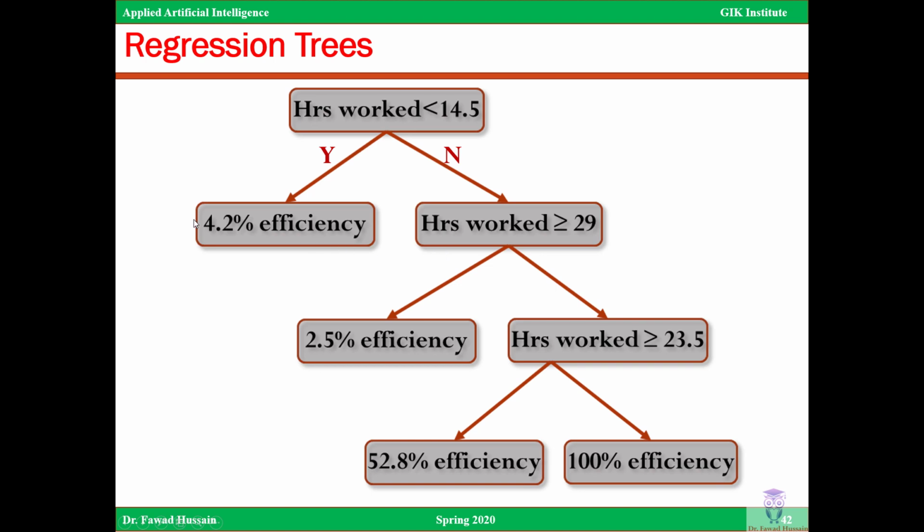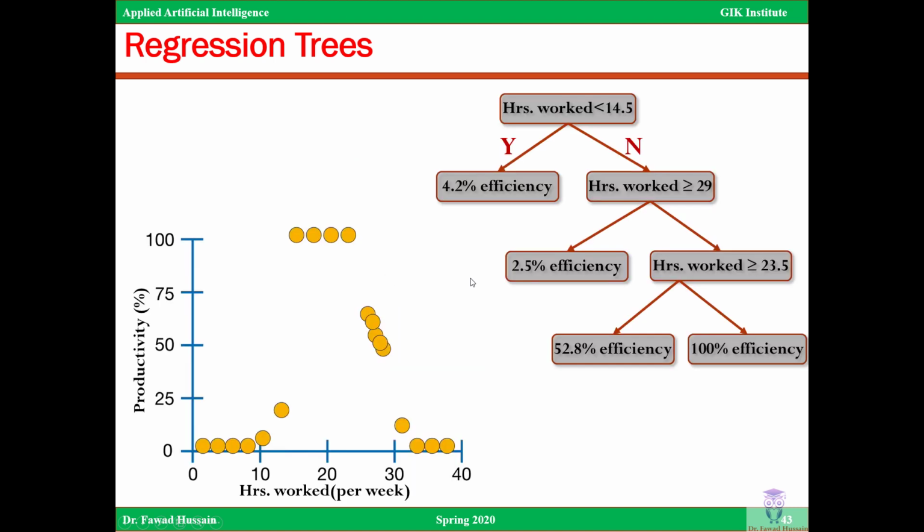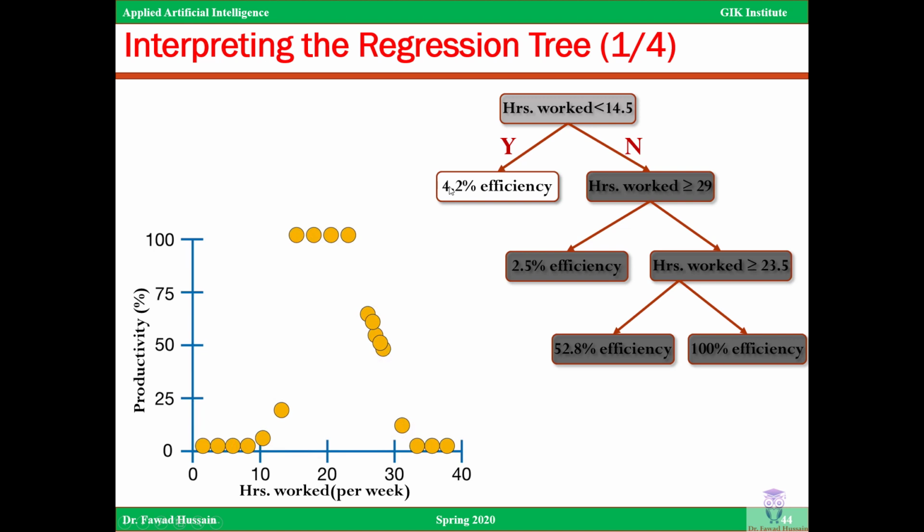We'll see how the interpretation works, and what part of the data each part represents. So in this slide, we are going to find a mapping between this tree and this data. If we look at this 4.2% efficiency, so hours worked less than 14.5, let me draw where I think this 14.5 line is.